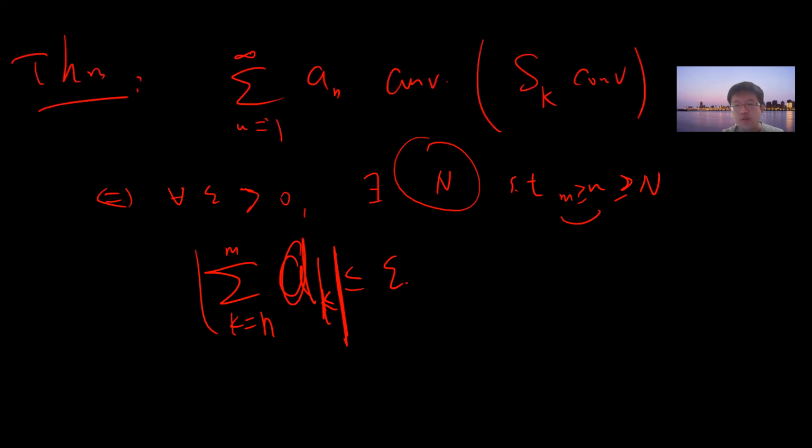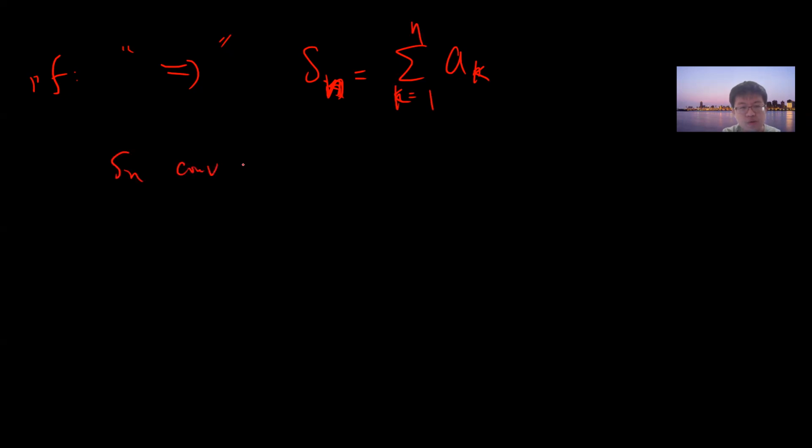I think the proof is easy. Proof: what we are saying is that the partial sums converge. Let's define S_n to be the sum of a_k for k from 1 to n, so S_n converges to S. That means S_n is Cauchy, which we already proved.